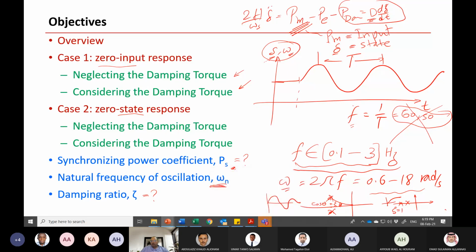Of course, if we have one pole here, then zeta equals positive 1. Here zeta equals positive 1. Zeta here equals negative 1. And the response of the system will be unstable as such, without oscillation. And if you have the two poles here, stable or unstable?